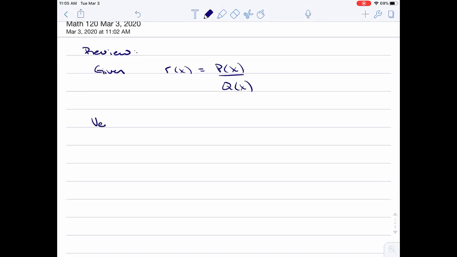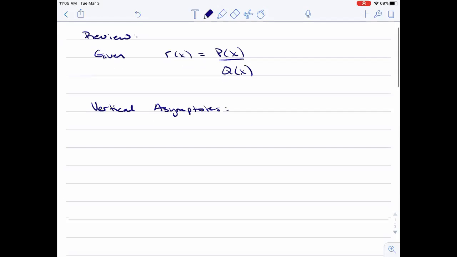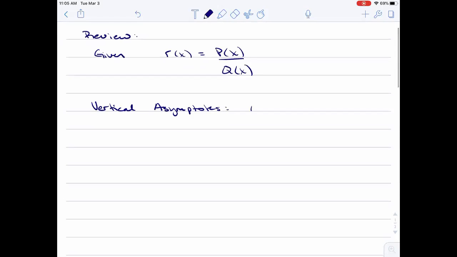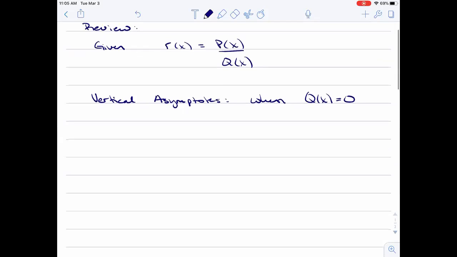we can start by finding vertical asymptotes when q of x equals 0, right? So we figure out all the values of x that make q of x equal to 0. Okay? Those are the points where we're going to have vertical asymptotes. Okay?